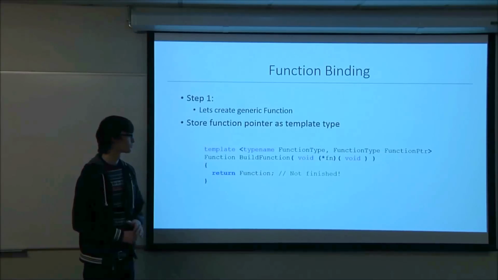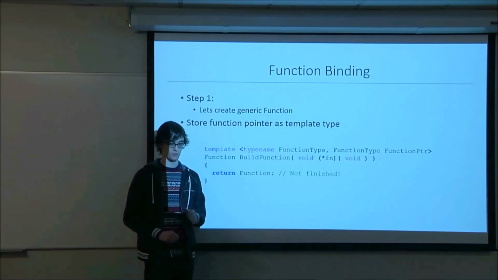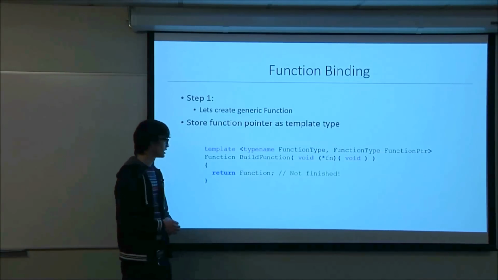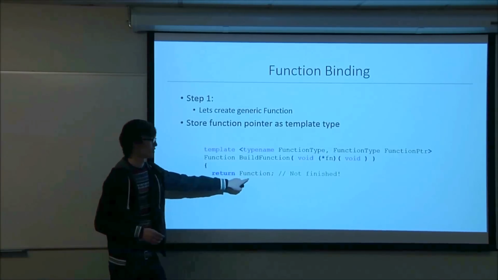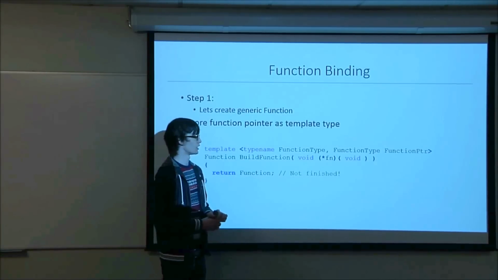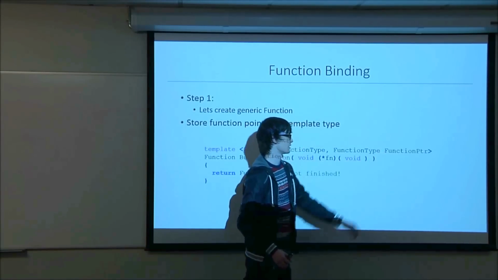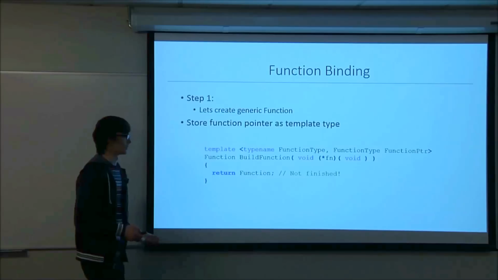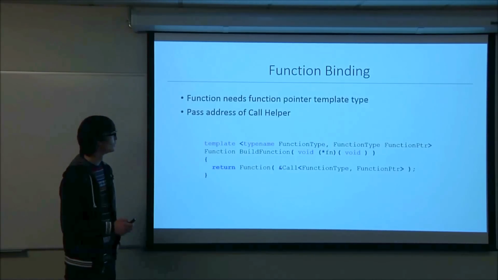And then this right here, build function, is just a really simple C-style static function, and it returns our generic object. However, the inside code isn't finished yet. I just want to describe that the pointer itself is passed in as a template parameter. And I'll show exactly how to use this in a moment.